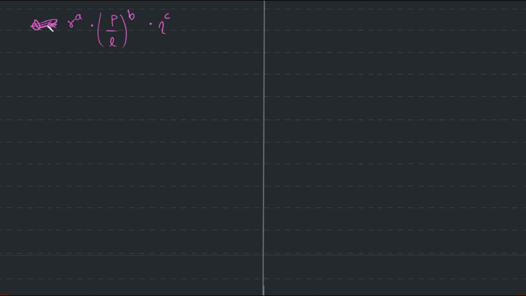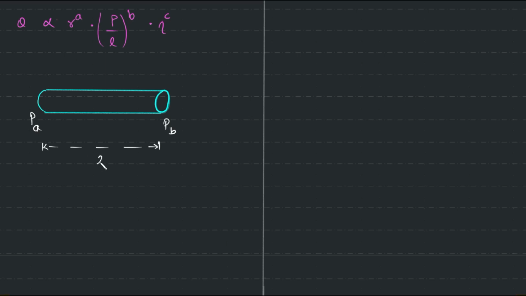So the rate of flow depends on quite a few factors, and all of those factors are over here, where r is your radius. P by l, let me show that to you. So if this is a pipe, and you have a pressure over here, say PA and PB.